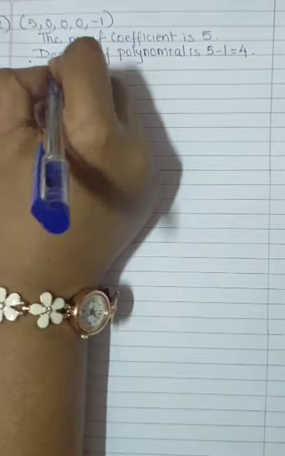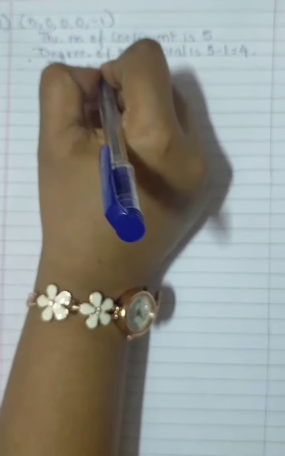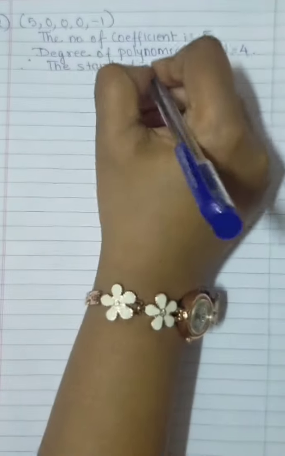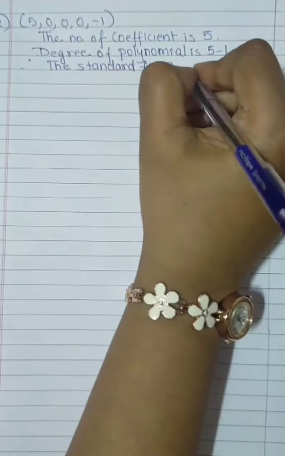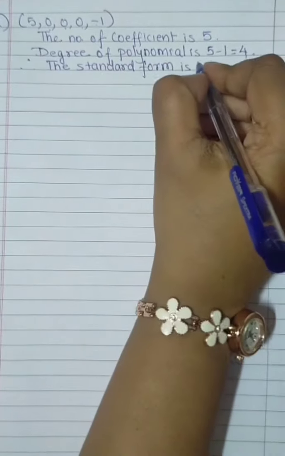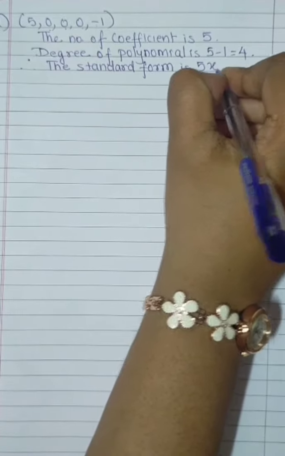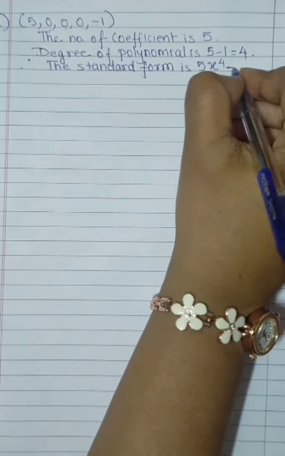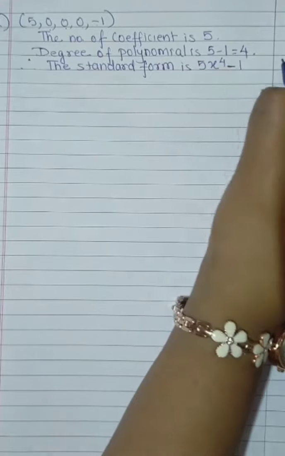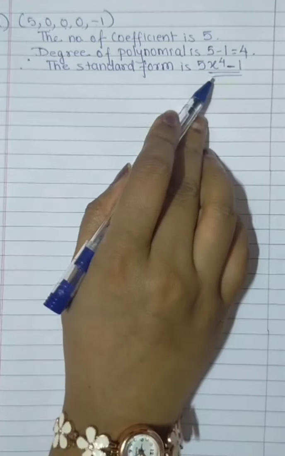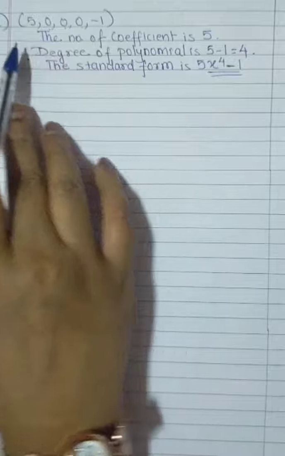Okay, now we got the number of coefficients as 5 and the degree of the polynomial is 4. So here the standard form is 5x⁴ − 1. So this is the standard form of question number 2.